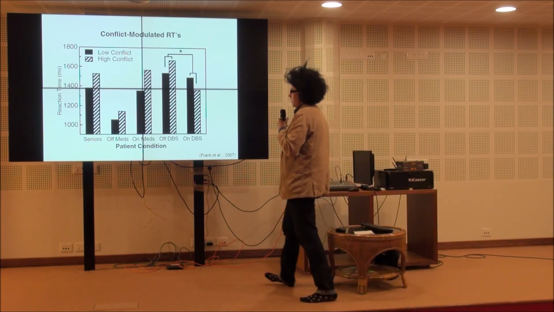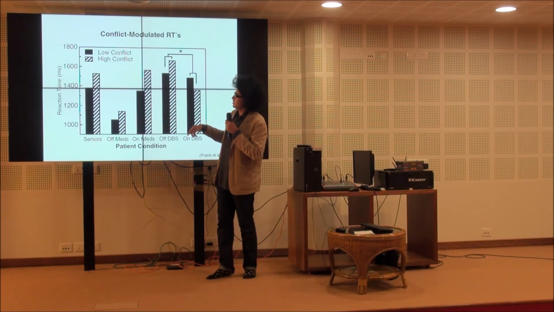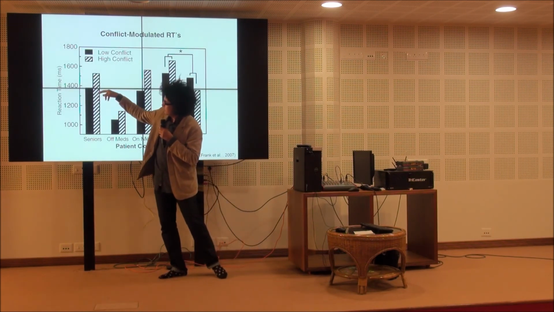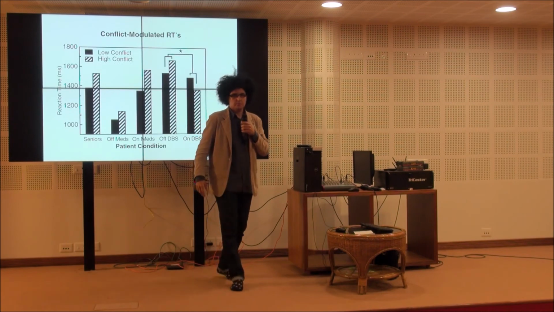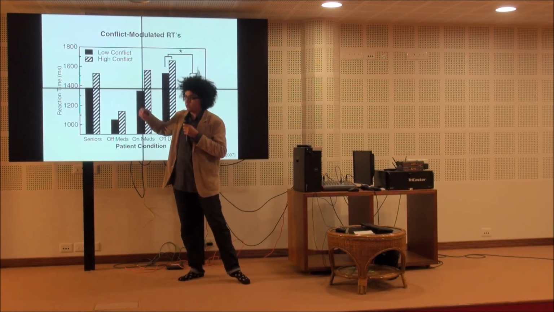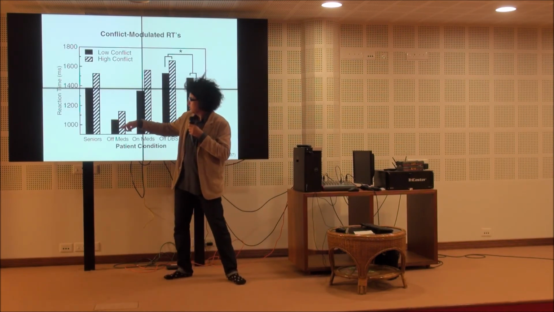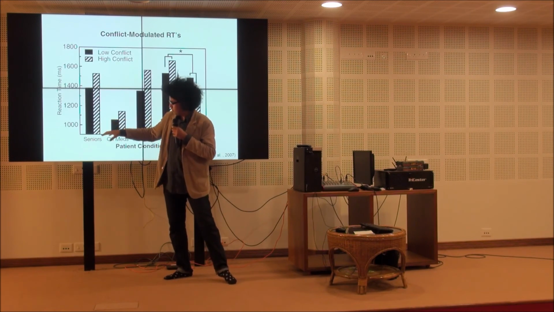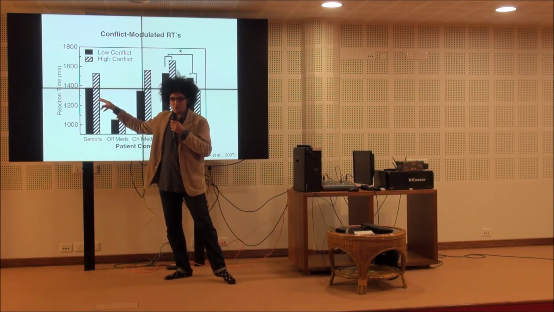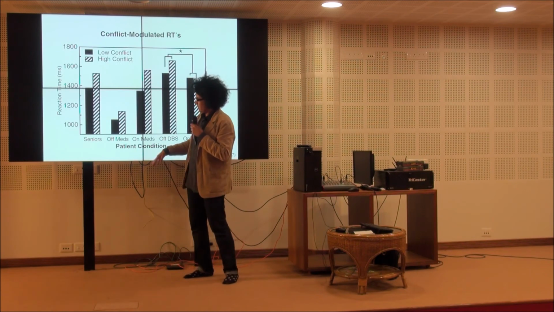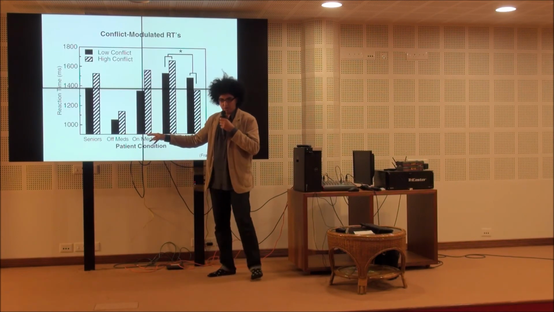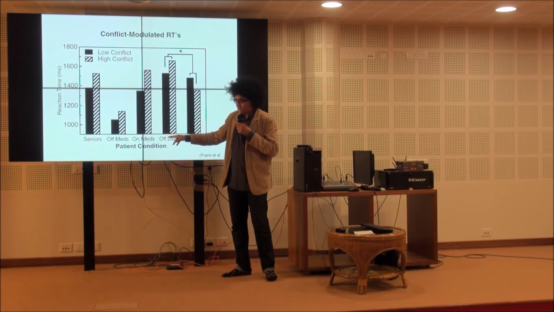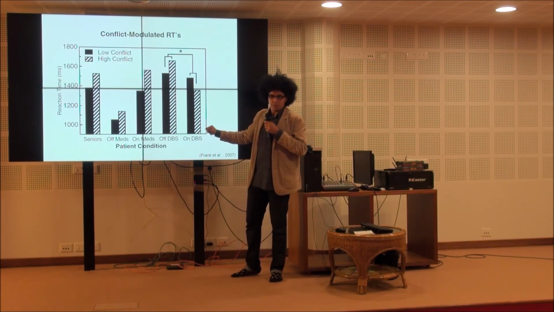As you can see here, for most people, for the high conflict, you take more reaction time to decide. Reaction time is higher; you take a longer time to decide which one to choose. In the healthy controls, you take more time in high conflict than low conflict. The same for off medication, for on medication patients, for off DBS, but not on DBS.